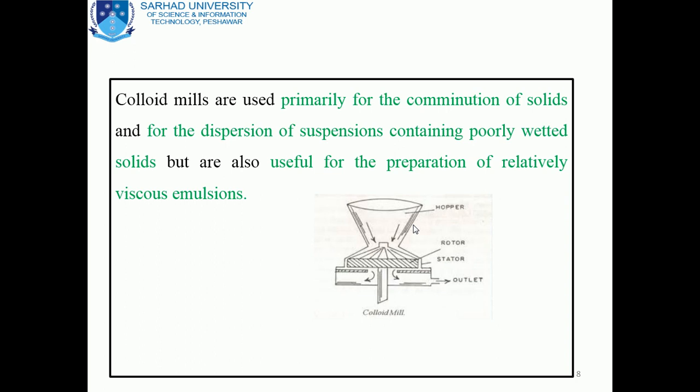But in this case, the emulsion is of a relatively viscous type, and if we are going to formulate such an emulsion, we can prepare it using a colloid mill.